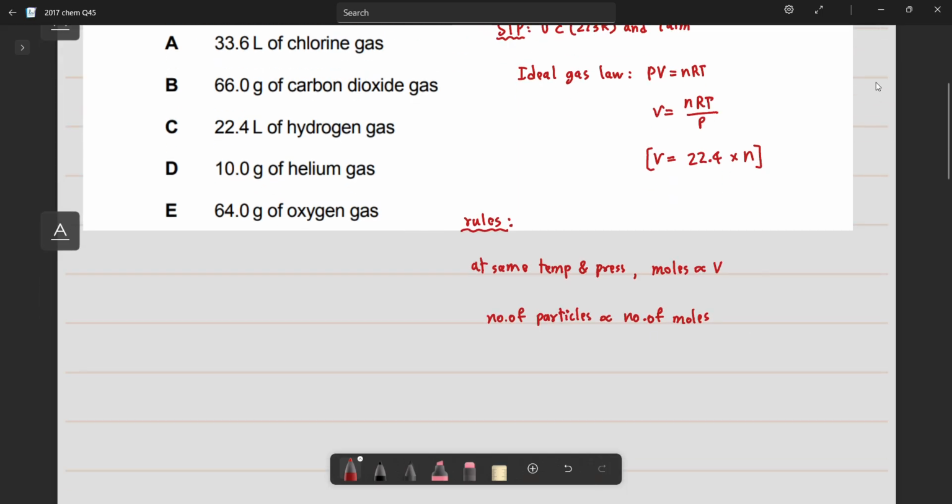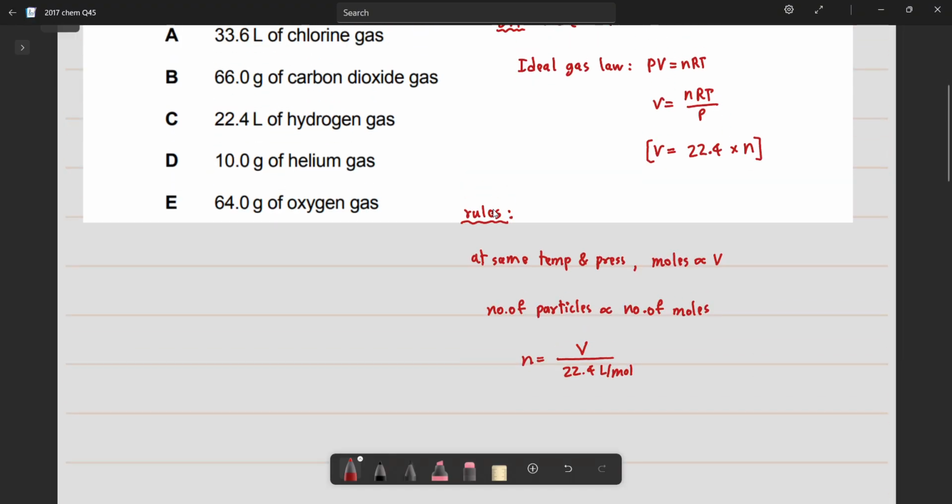That's why we use this formula, V equals 22.4 times moles. But for this question specifically, we will rearrange this expression into moles equals volume divided by 22.4 liters per mole. This is the rearranged expression we're going to implement in the given options.